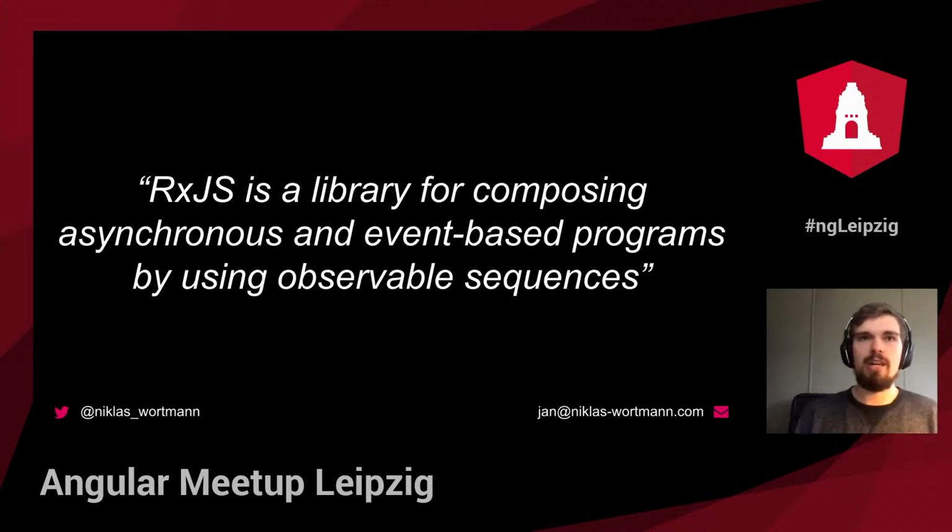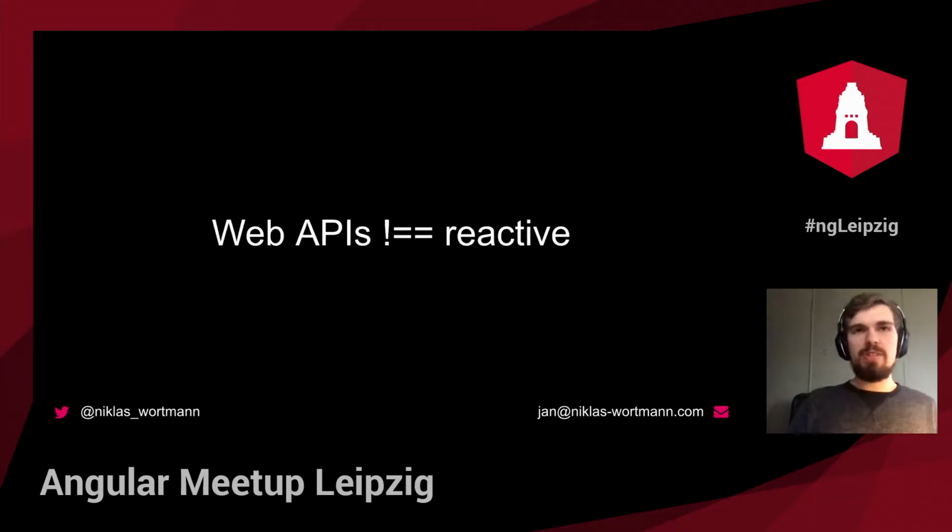So I thought, okay, why not make them observable-based? And I soon noticed that web APIs are not really reactive and their API design could be better, partially. I'm not blaming anyone here, but there are some problems that you will face when working with web APIs. And with RxJS-Web, I try to mitigate that.